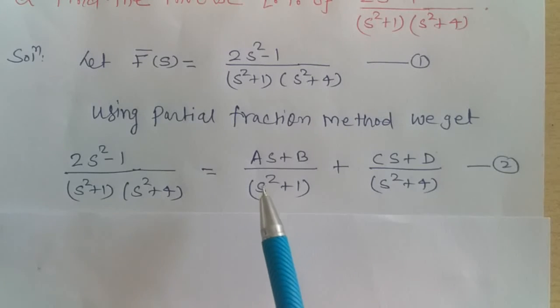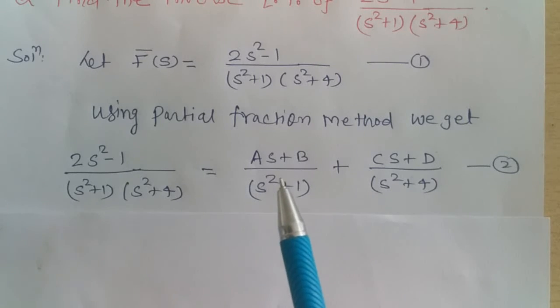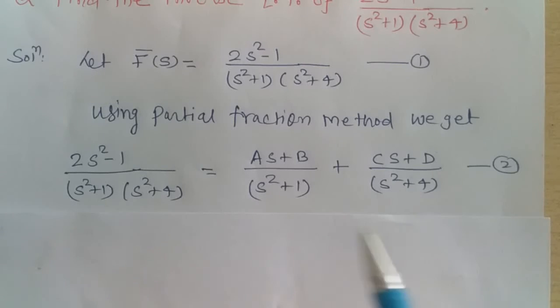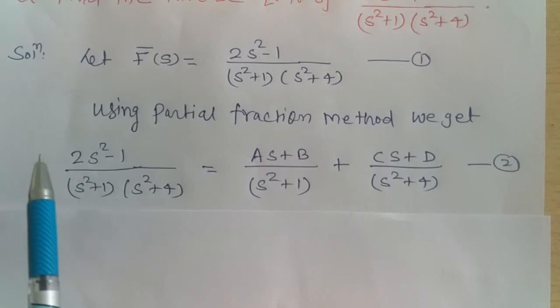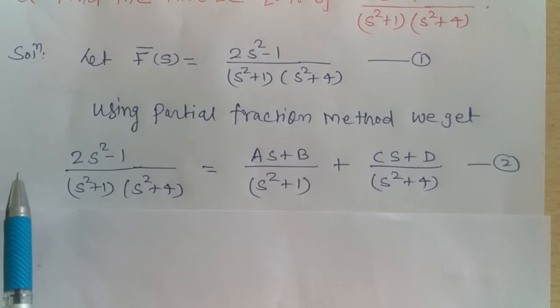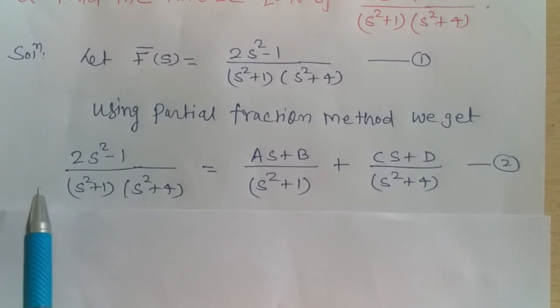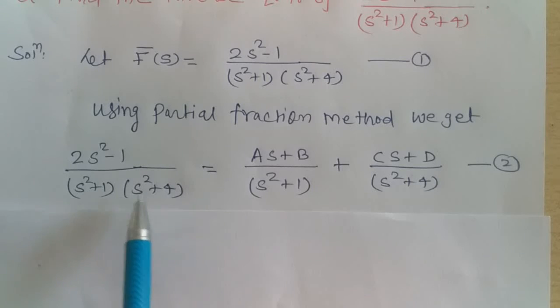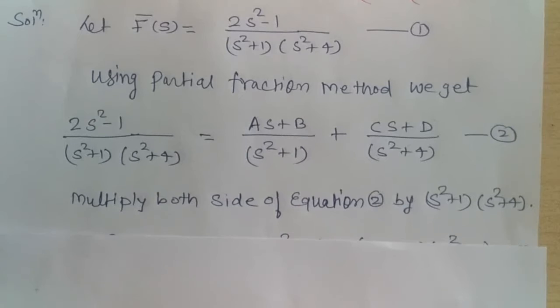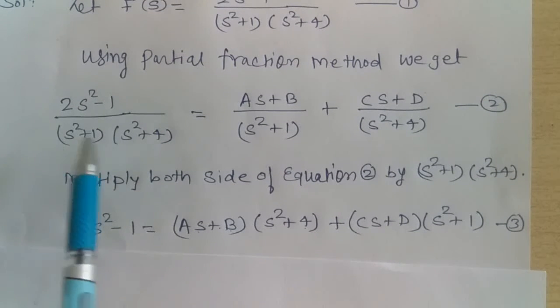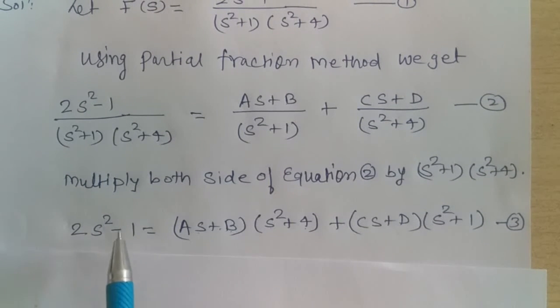Now to find the values of constants a, b, c and d, we multiply this whole expression by s square plus 1 into s square plus 4. Then on the left hand side, the denominator cancels with the multiplied factor and we have 2s square minus 1 only.